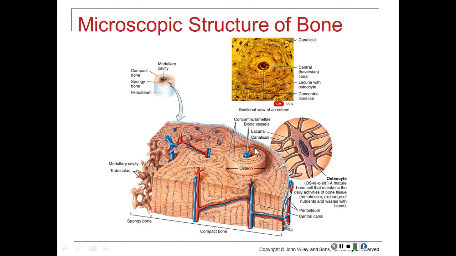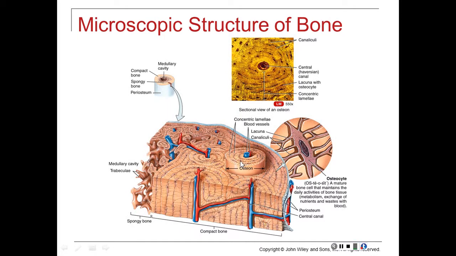If you look at the cartoon version, you can see what I mean a little better. The central canal has that nutrient artery and nutrient vein running through it, those blood vessels. The blood vessels are then going to branch into smaller canaliculi, is what they're called, little canals. And those little canals are going to serve as connections between the osteocytes.